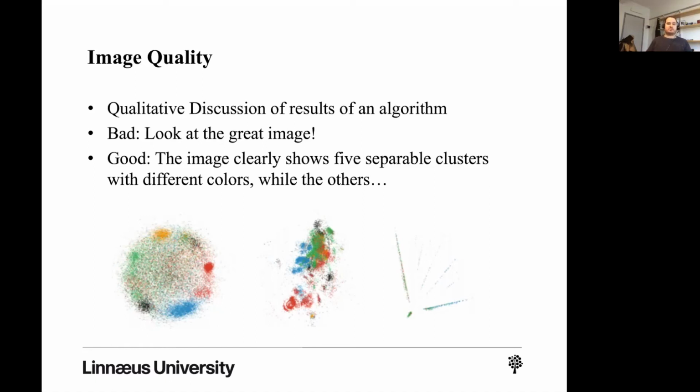It's not always possible. If you give me two images and tell me, look, this one is better than that because of this and that, and I just cannot see it, then I guess that's it. Unfortunately, since it's informal and subjective, it could happen. But at the same time, if someone came to me with these three visualizations and said, hey, you can see the clusters in this one, but in this one they're kind of dispersed, and in this one I have no idea what's happening, I would be willing to accept this.